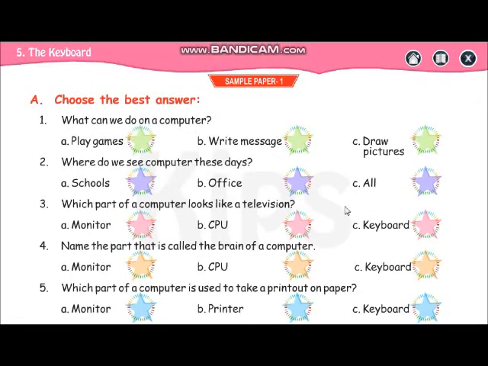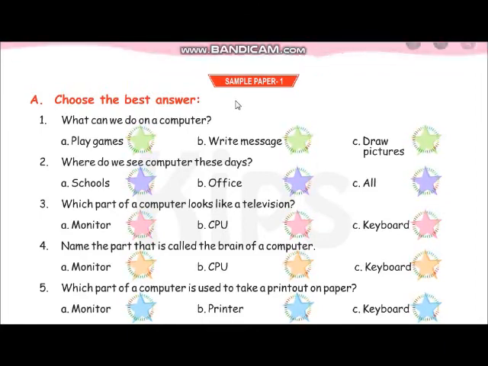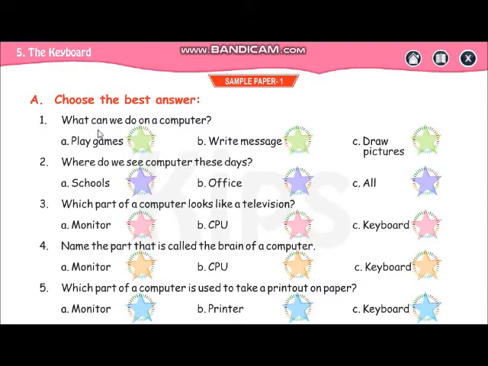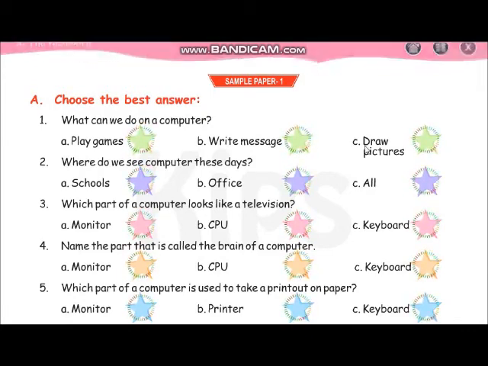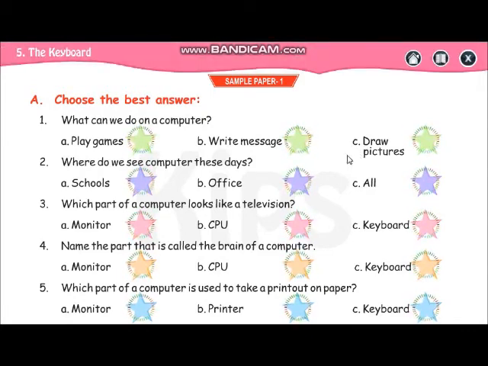Now there is a sample paper. Okay, we are going to solve this sample paper. What can we do on the computer? Play games, write message, draw pictures. We can do all the things.